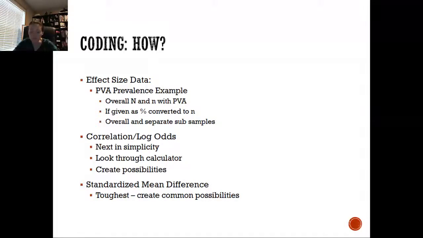So you'll end up coding the actual information that they give you from the article, and then you can also calculate what that effect size is and enter that in your coding sheet too. And in this process, you'll want to peek through the articles to see which ones you should be putting in your coding sheet. And we'll go over a few hints on standardized mean difference specifically.